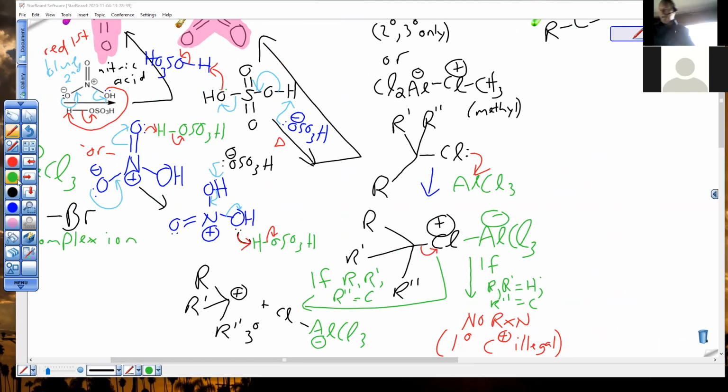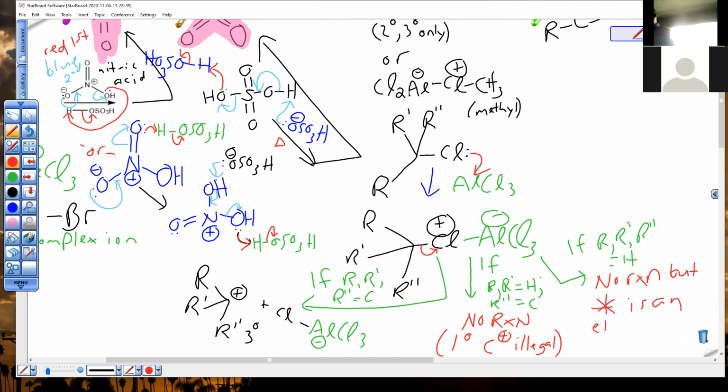And the third story, multiple stories here for this one. If all of them are H, it's not the end of the world. If R prime, R double prime equals H, no reaction, but I'm going to put an asterisk. The electrophile is the species you drew earlier.